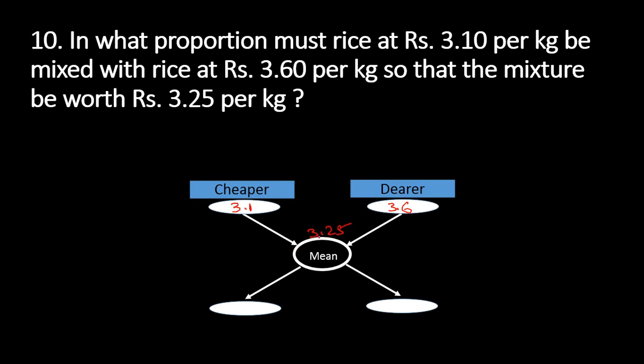Okay, what is the difference here? 3.6 minus 3.25, which is equivalent to 0.35, and 3.25 minus 3.1, which is equivalent to 0.15. So that is nothing but 0.35 by 0.15. The ratio will be 7/3. Simply you have to mix in the ratio 7:3.